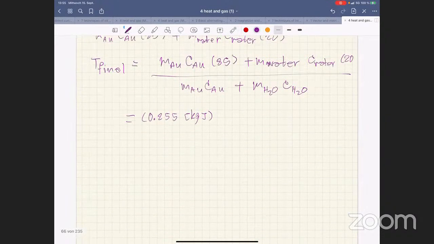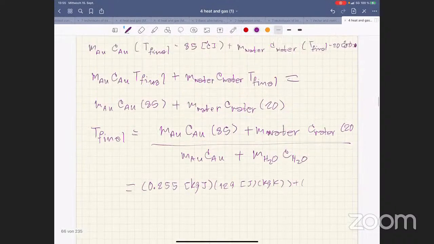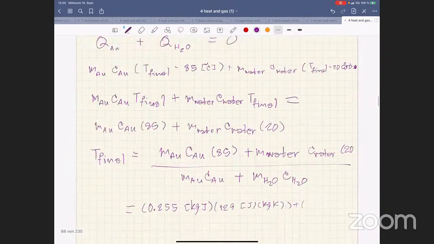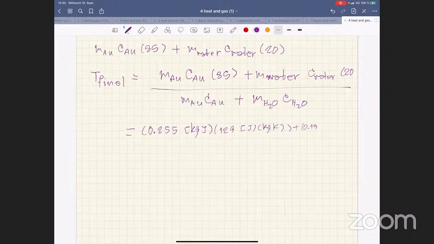Okay, it's quite good in heat conducting. 129 joule per kilogram and Kelvin, right? And plus the mass of water, which is 0.155, okay, and the specific heat of water is 4190, and the temperature of this one is 20.